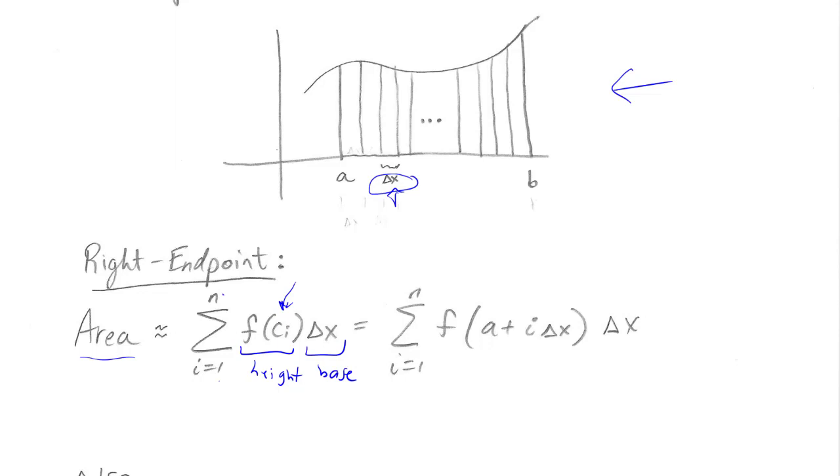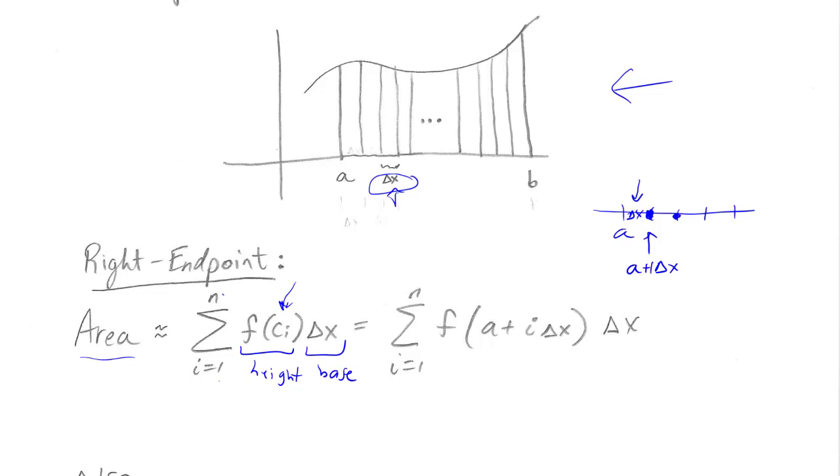All right, so let me come over here. Let's say you're starting at a. That would be your first value. Then you have these intervals here. Take the first interval. The right endpoint is here. But if that's delta x width, then to get from a to that first right endpoint, you would have to add a delta x. In other words, 1 delta x.